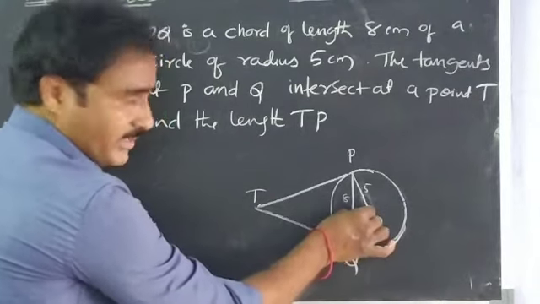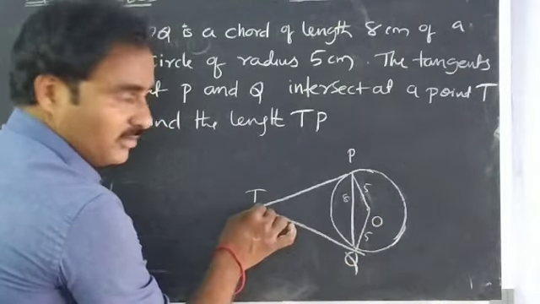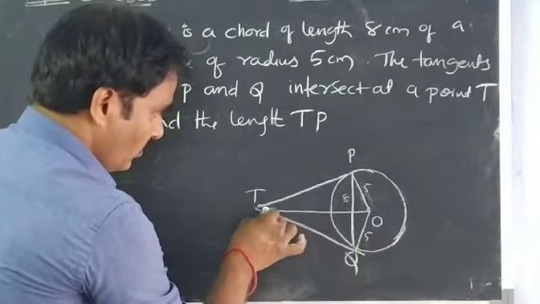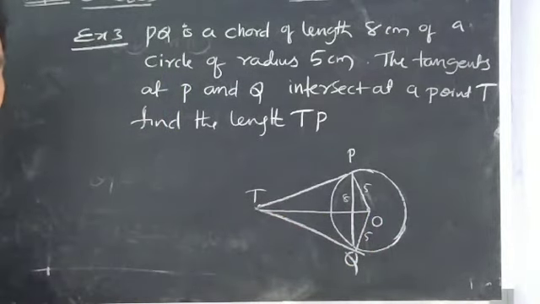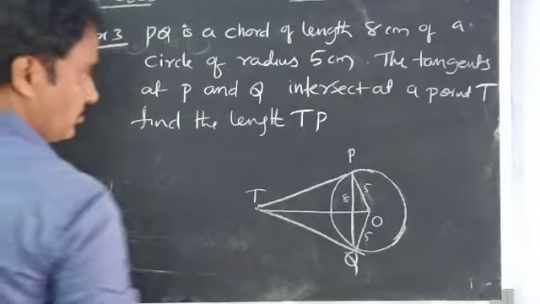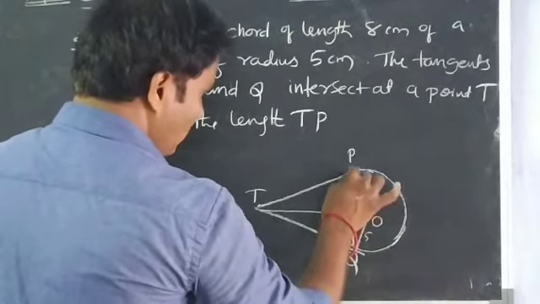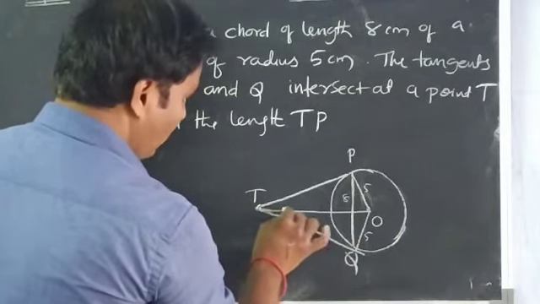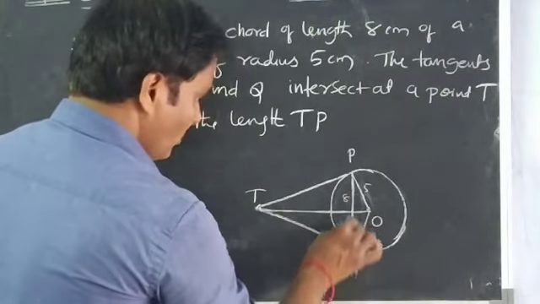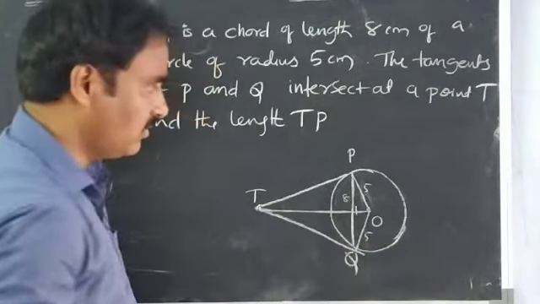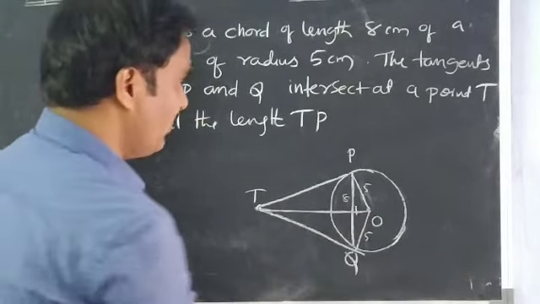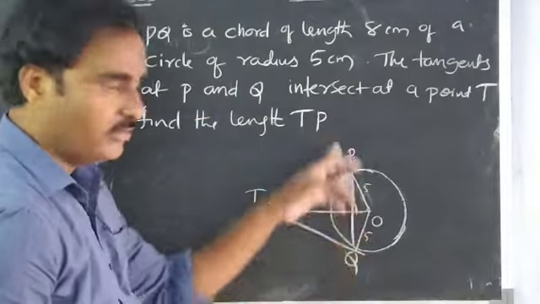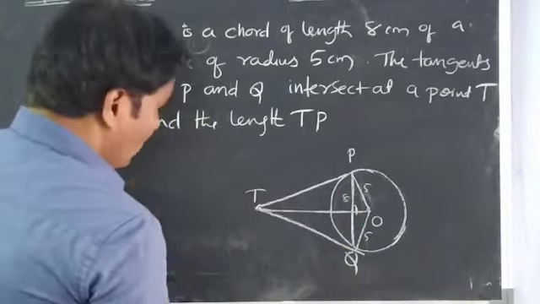Alright. See what I am doing. From the center of the circle, I am joining T. When you are joining the outside point, it will be perpendicular to the chord PQ.